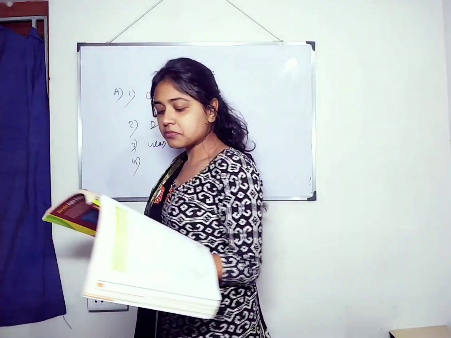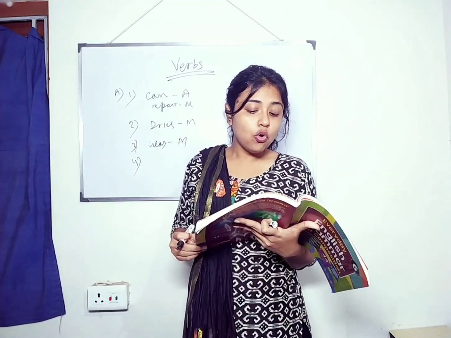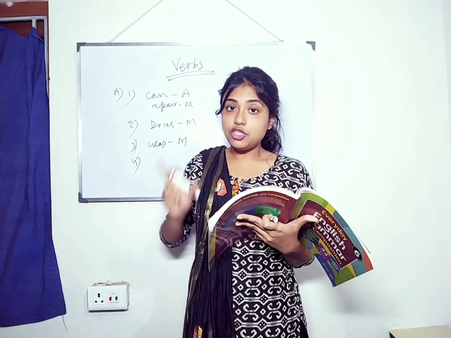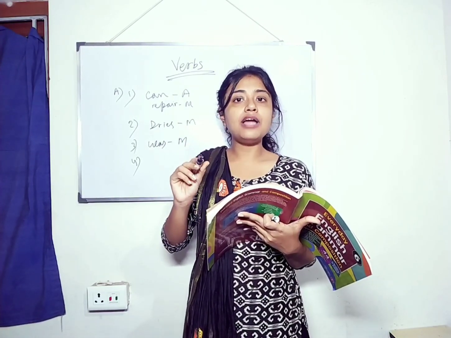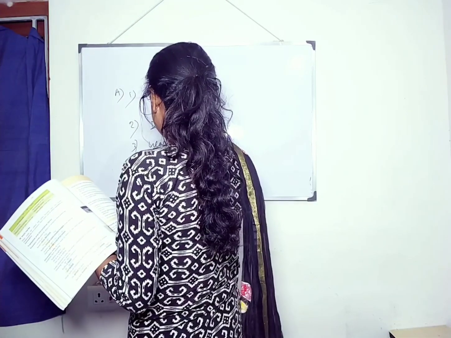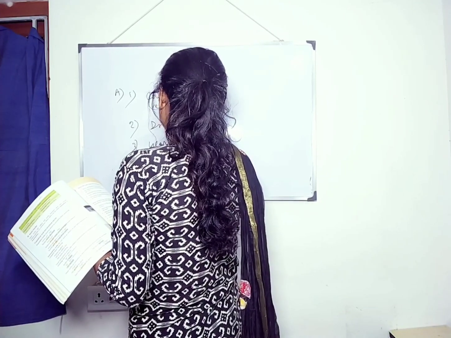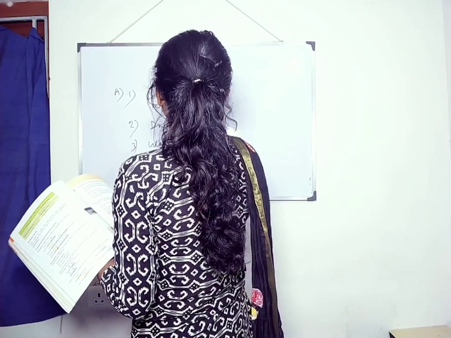Number 4. Who will buy this broken aquarium? Who will buy? See, 2 verbs are here. Will is what? Auxiliary and buy is what? Main verb. So will is auxiliary and buy main verb. 5.